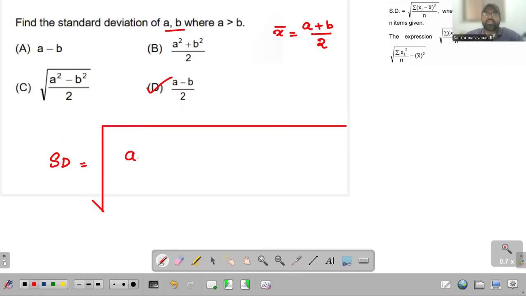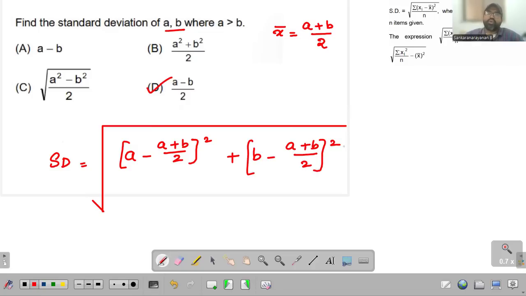You find out (a minus (a plus b) by 2) the whole square, plus (b minus (a plus b) by 2), the deviation of b from the arithmetic mean, the square of that, whole divided by the number of observations, which is equal to 2.